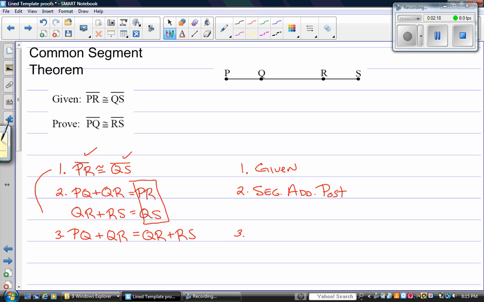So step 1 and step 3 pretty much say the exact same thing, except I've rewritten PR as the sum of its two parts, and I've rewritten QS as the sum of its two parts. And that's just substitution. I substituted PQ plus QR for that, and I substituted QR plus RS for that.